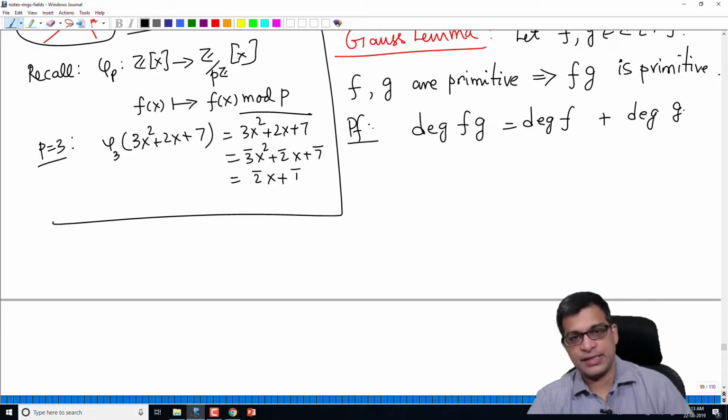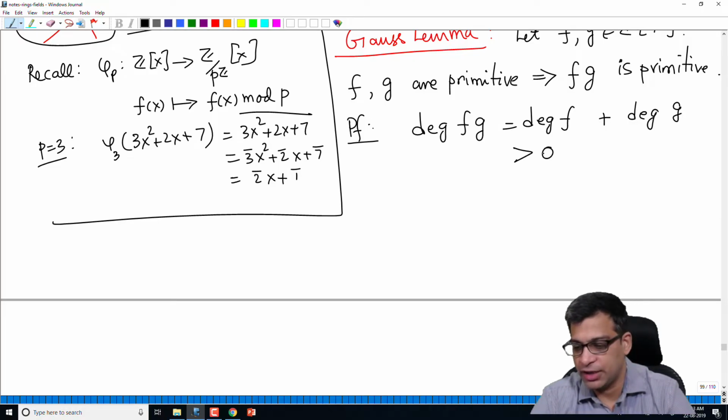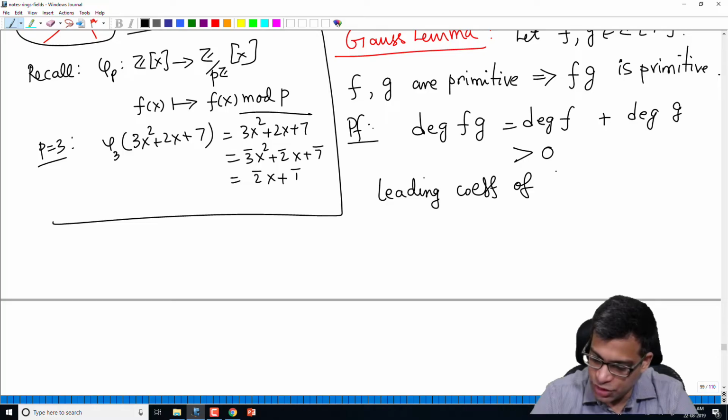If x squared is the leading term of f and x to the 4 is the leading term of g, when you multiply them, x to the 6 will be the leading term of fg. So the degree is 2 plus 4. Since f and g are primitive, the degree of f is positive and the degree of g is positive, so the sum is positive, and the degree of fg is positive. So what is the leading coefficient of fg?